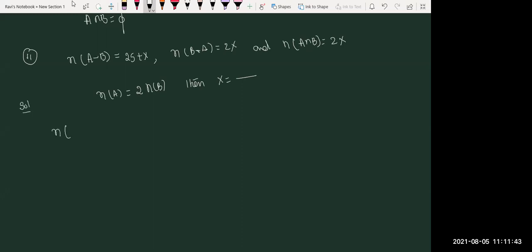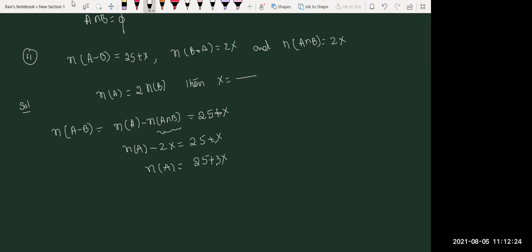Tell me, how to write n of A minus B? Anyone in the class? Yesterday or the day before I gave this formula. n of A minus n of A intersection B, very good, equal to 25 plus x, as given, correct? Yes, sir. Therefore, n of A equals 25 plus 3x, correct?